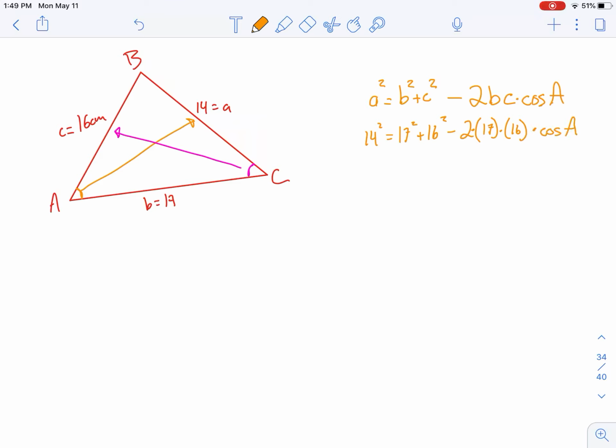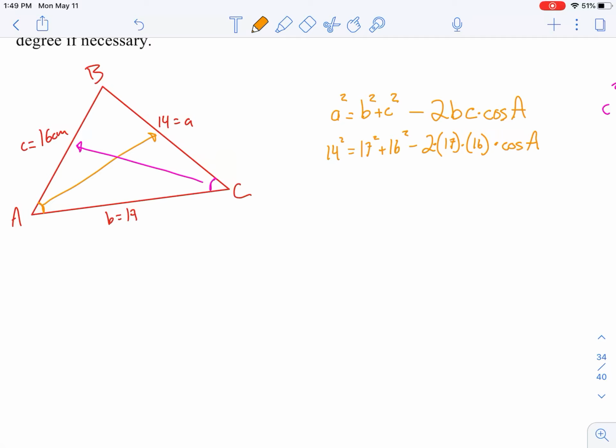We don't know that angle A. So it takes a bit of rearranging here. You can type this in your calculator, because 14 squared, 17 squared, 16 squared are all whole numbers, so we wouldn't have to round anywhere.